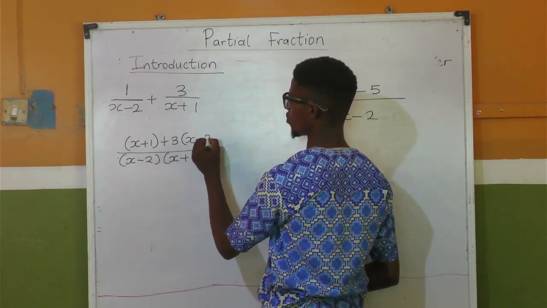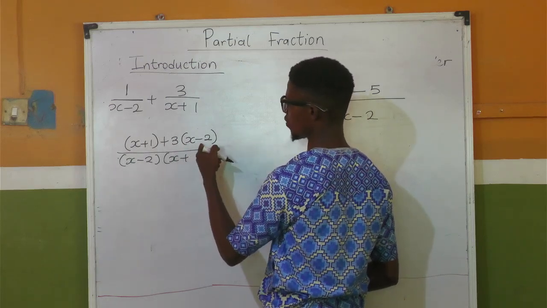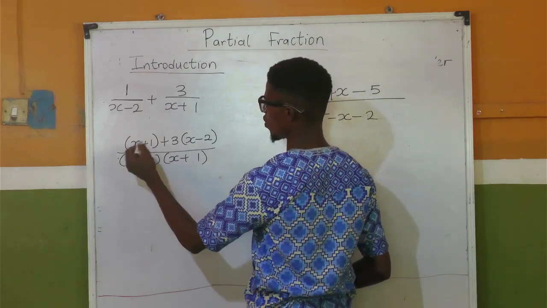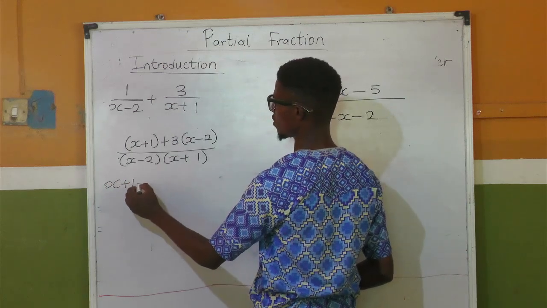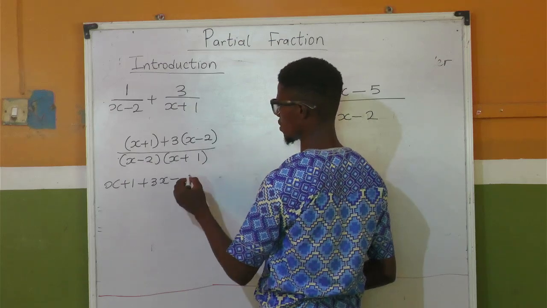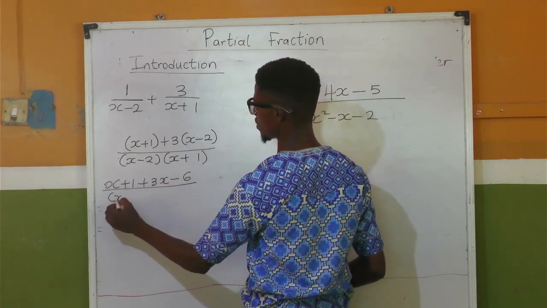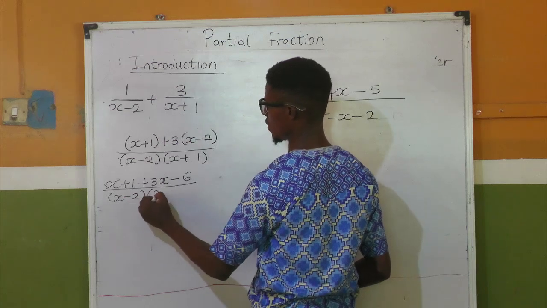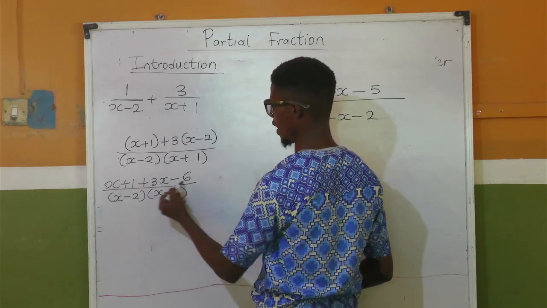So this will be 3 into what? x minus 2. The next thing to do is to expand the brackets on top. If you open the brackets, we have x plus 1 plus 3x minus 6 over x minus 2, x plus 1. Now let's collect the like terms here.